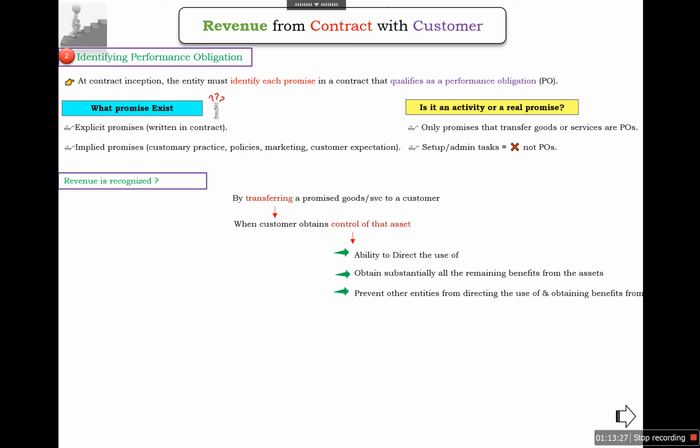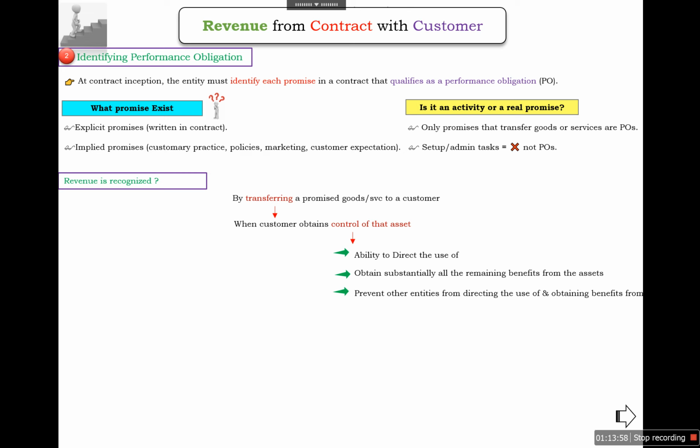The customer obtains substantially all the remaining benefits of the asset and has the ability to prevent others from directing the use and obtaining benefit from the asset. So we will recognize revenue when the goods and services have been transferred and the customer has taken control of the asset. Ind AS 115 talks about the control of the assets, not about the risks and rewards.